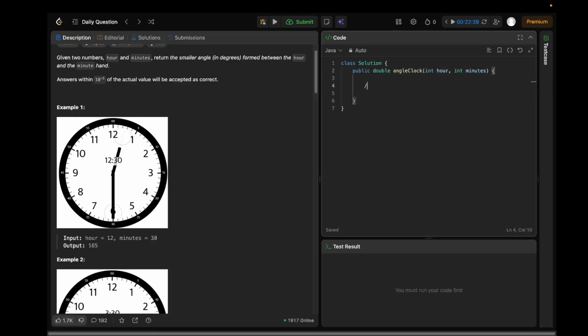So each minute the hour hand makes a 0.5-degree change, and the minute hand makes a 6-degree change, right?